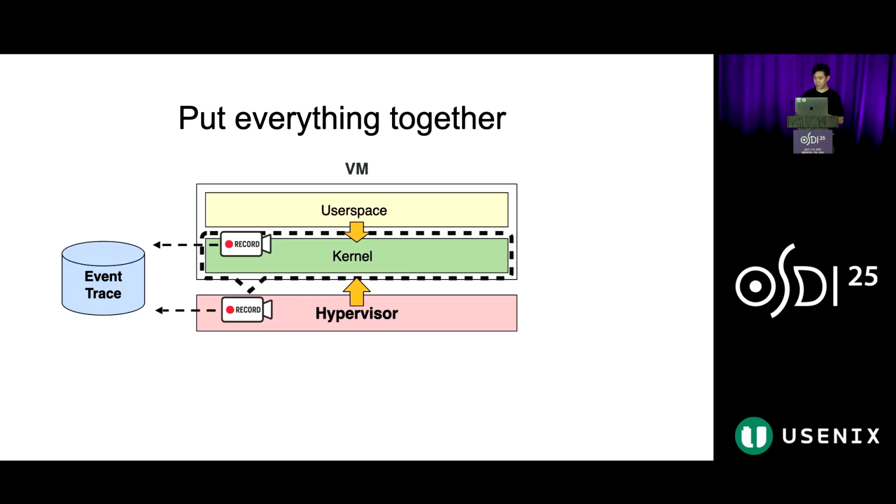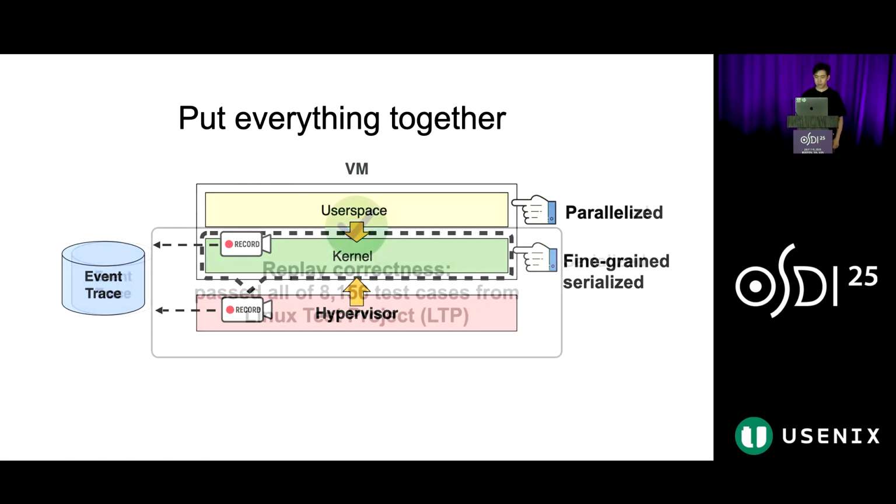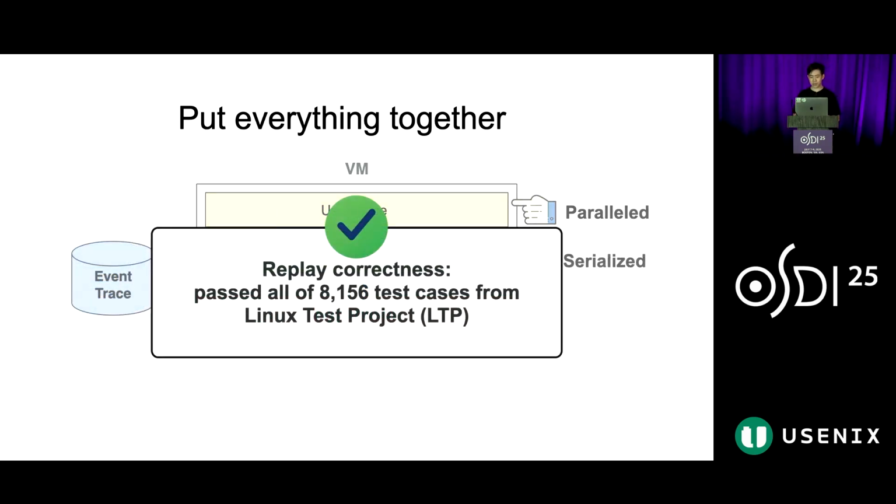In the multi-core system, KRR applies fine-grained serialization to the kernel execution only, while still preserving the user space parallelism. We also verify KRR's replay correctness by running over 8,000 test cases from the Linux Test Project, and KRR was able to pass all of them.